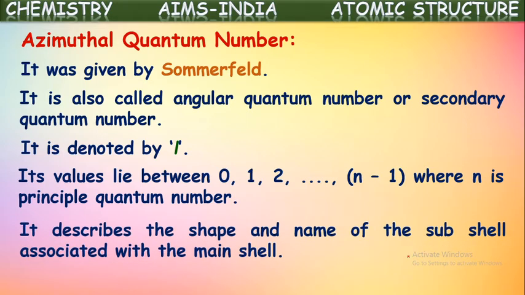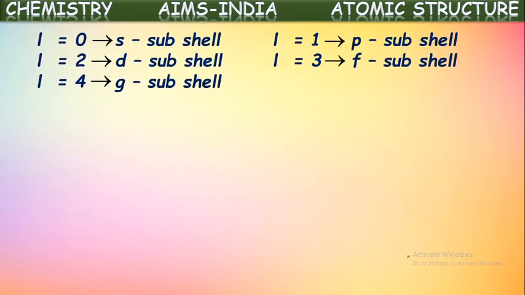It describes the shape and name of the subshell associated with the main shell. It gives the shape of the subshell in which the electron is located in a particular orbit. If l is equal to 0, that represents the s subshell.